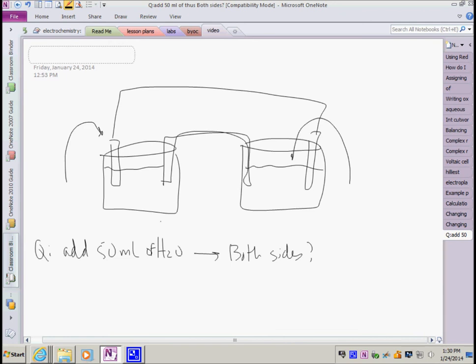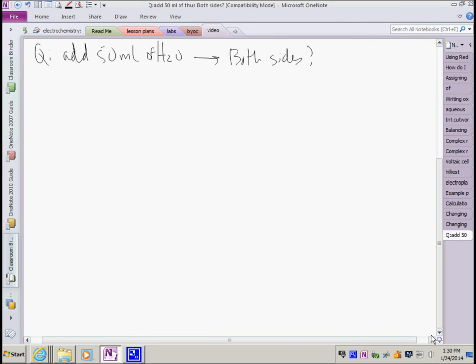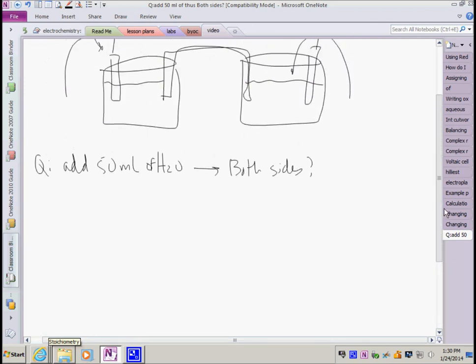Two different options to answer this question. Now we don't know the concentrations, and they often don't tell you the concentrations. Quite frankly, for the rest of this year, since they've sort of eliminated the Nernst equation as an option, it's going to be qualitative at this point. But two different types of reactions.